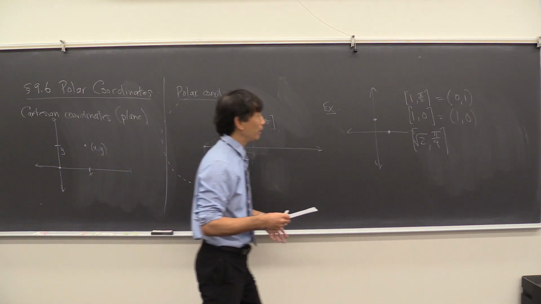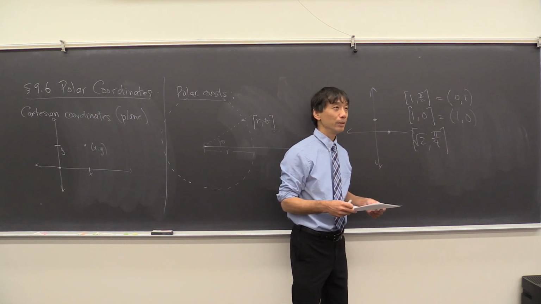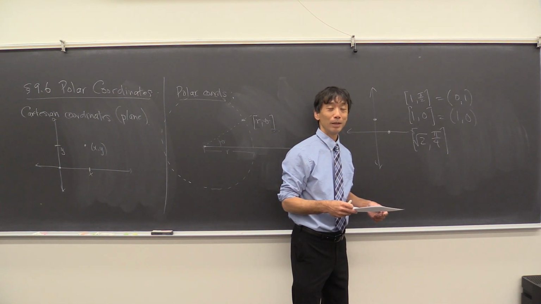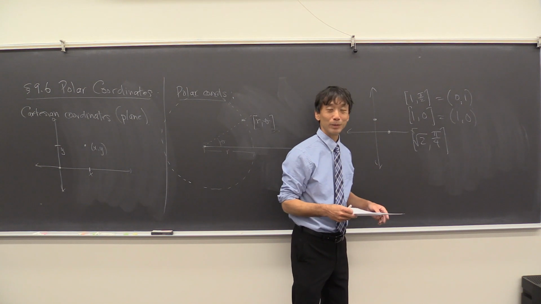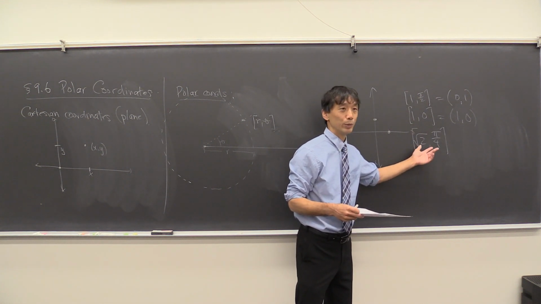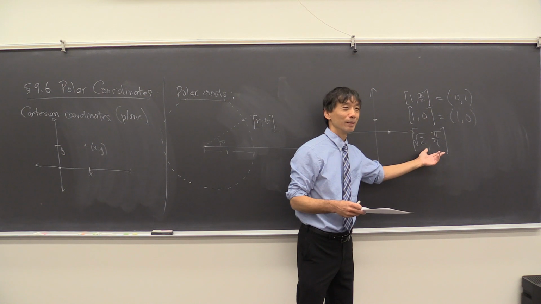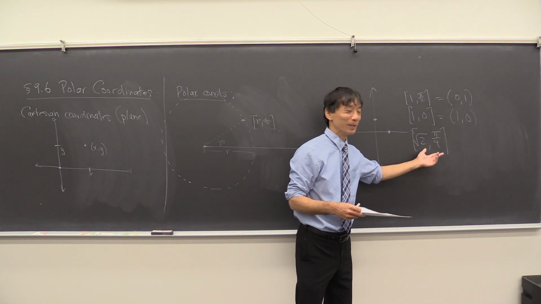Okay, somebody want to tell me where it is? Root 2 comma pi over 4. Anybody got an idea? Or you can just describe it to me. What does this tell us about the point? If I see root 2 comma pi over 4, what does that tell me?